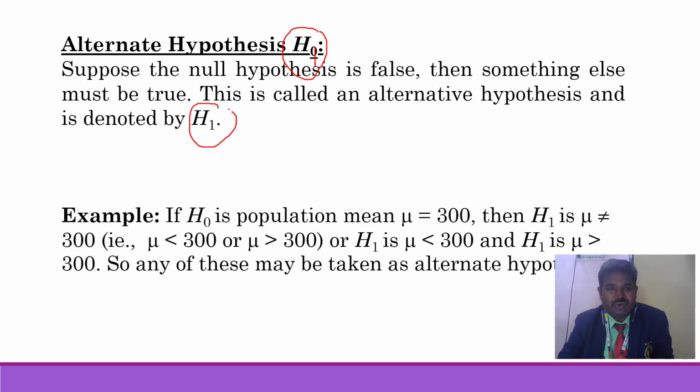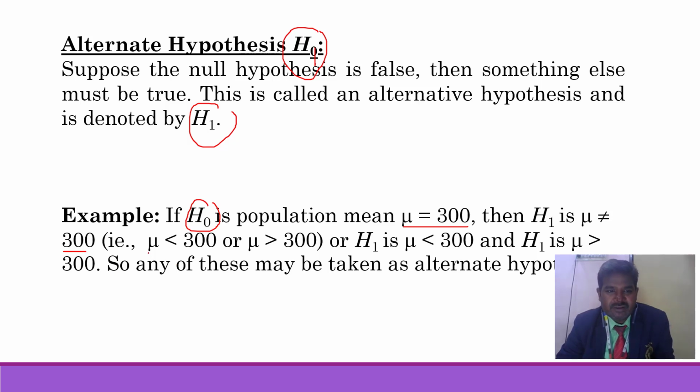For example, if H0 is that the population mean mu is equal to 300, then H1 is mu is not equal to 300.